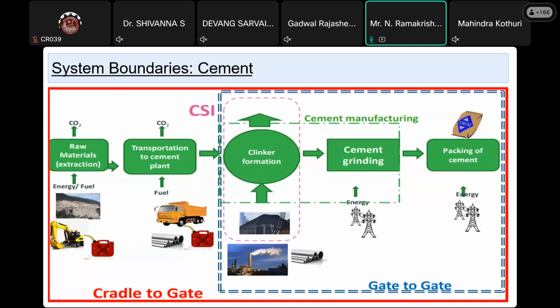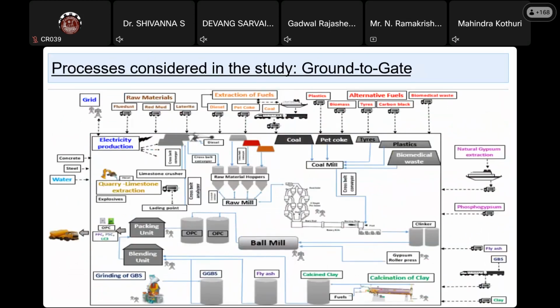You can very clearly see what is cradle to gate, gate to gate. So simple, we only see the cement bag, but all this story happens before the cement reaches the counter and goes down to our site. So this is the total cradle to gate process involved, very clearly.